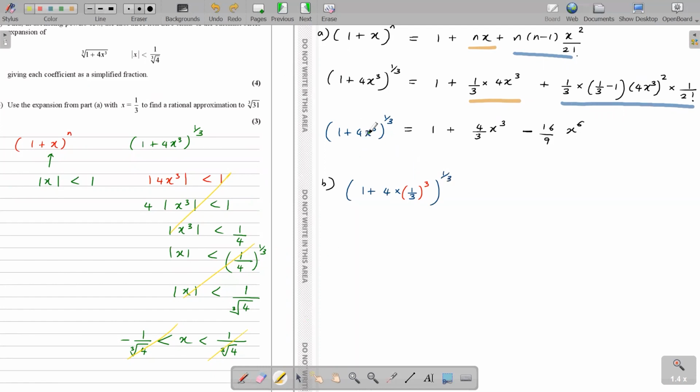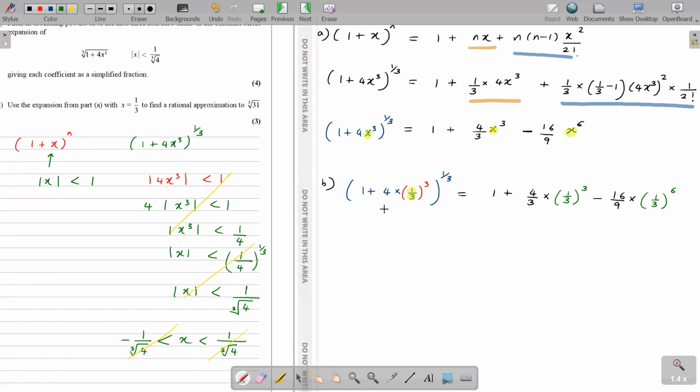I replace all the x values with 1 over 3. So I end up getting 1 plus 4 over 3 into 1 over 3 to the power 3, minus 16 over 9 into 1 over 3 to the power 6.